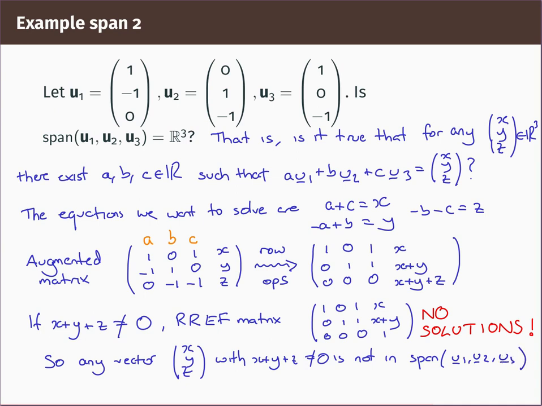In particular, for example, the vector 1, 0, 0 would not be in the span. So the span is for sure not all of R cubed.